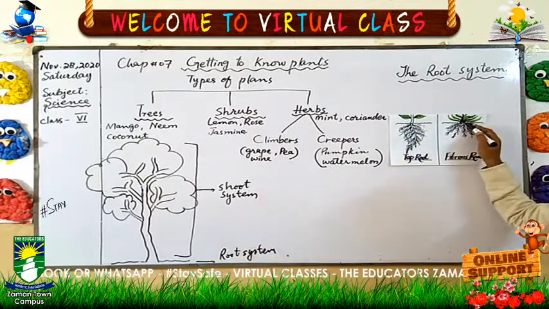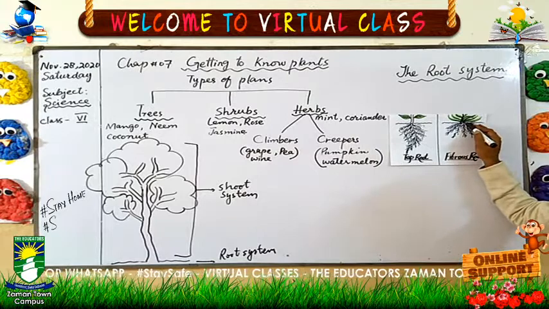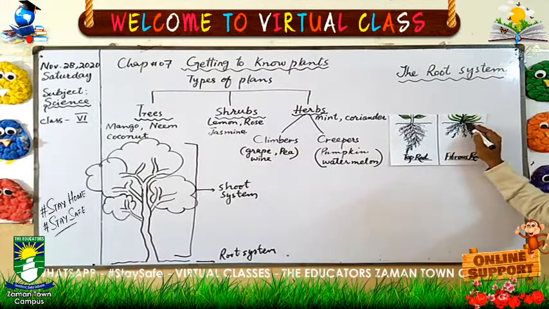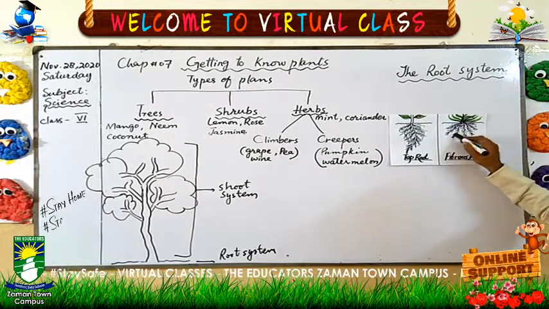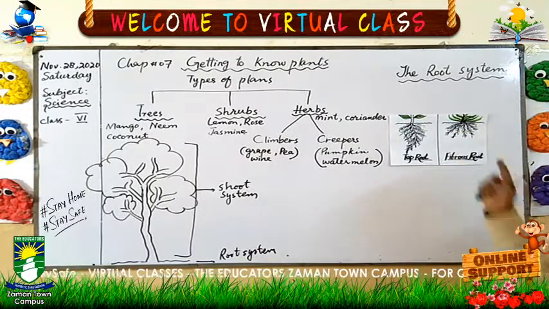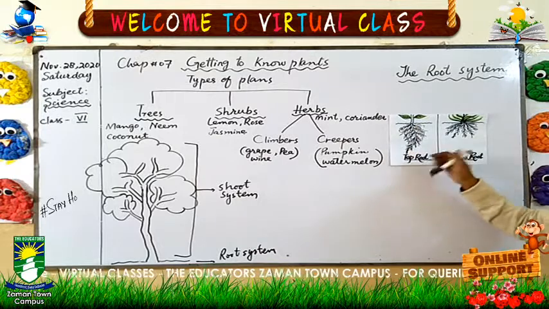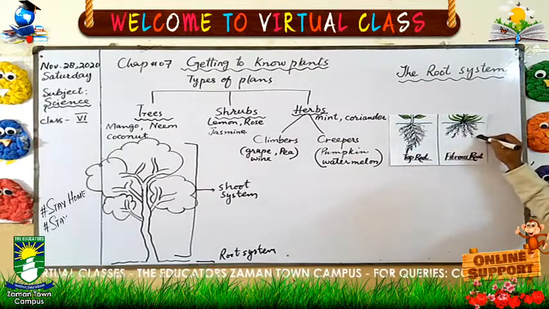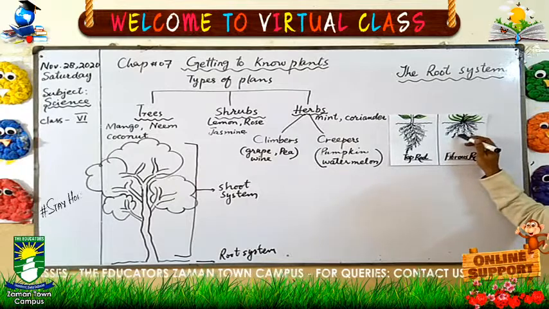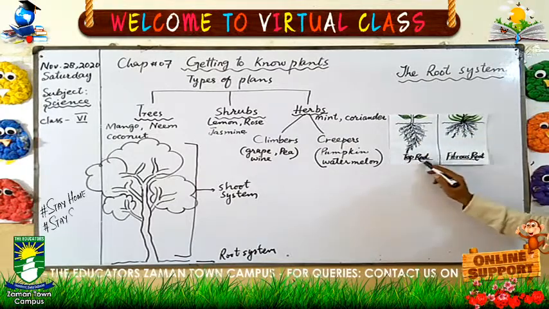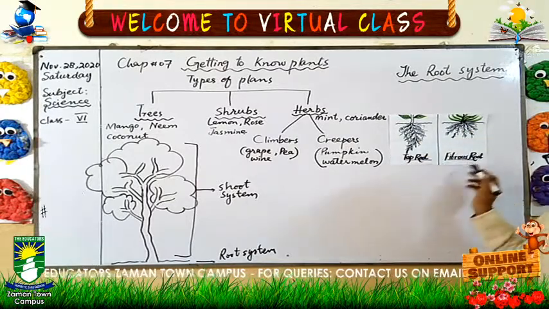But fibrous roots are found in different grasses: wheat, maize, barley. Such plants do not have a main root or taproot, but they have a lot of roots, and branch roots are present with the roots. So this is the big difference between taproot and fibrous roots.